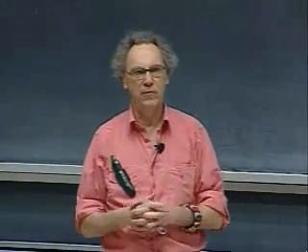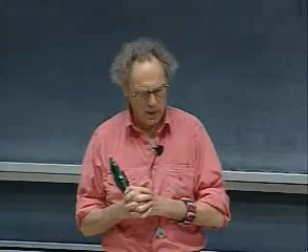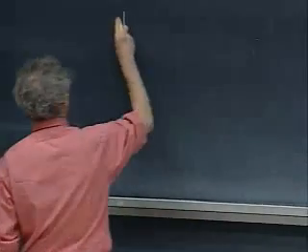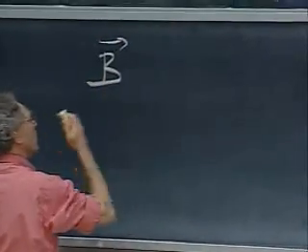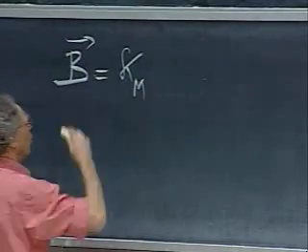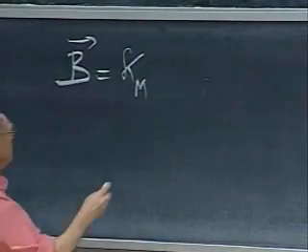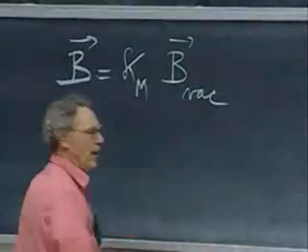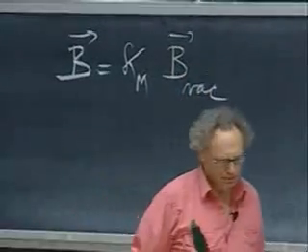When I expose material to an external magnetic field, then we learned last time that the field inside that material is modified. And we express that in terms of an equation: the field inside the material is kappa of m, which is called the relative permeability, times the external field, and I will refer to that all the time as the vacuum field.